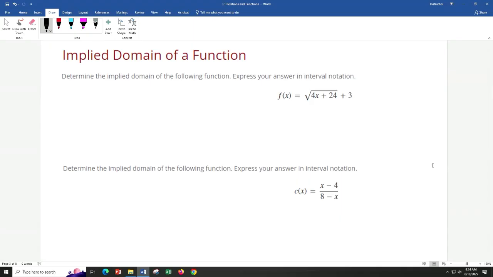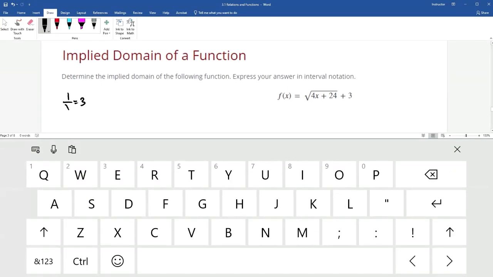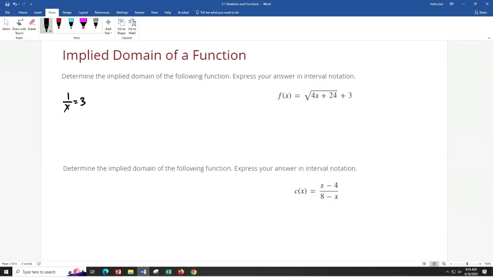If I give you a function, I'm going to start writing everything as a function now. If I gave you something like 1 over x is equal to 3, you can solve that.